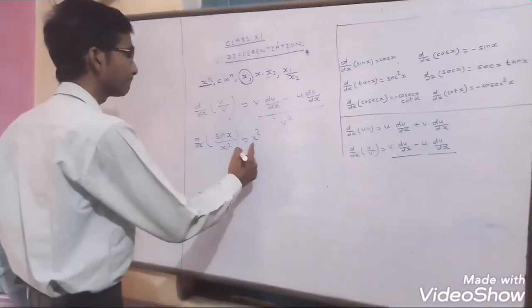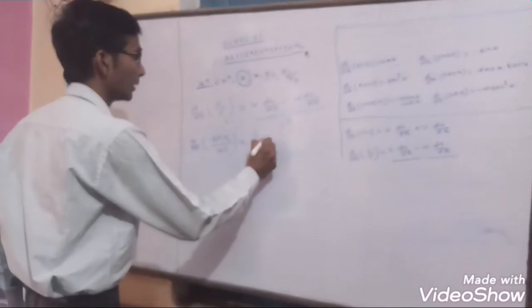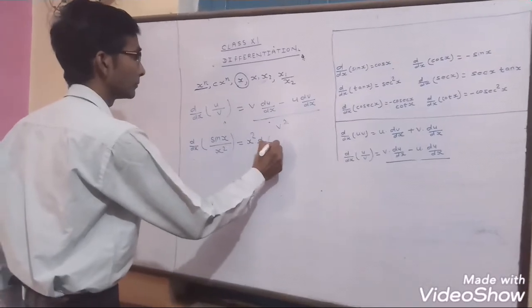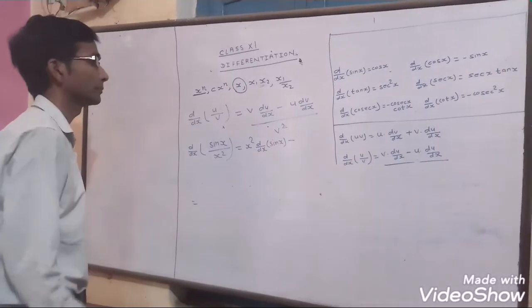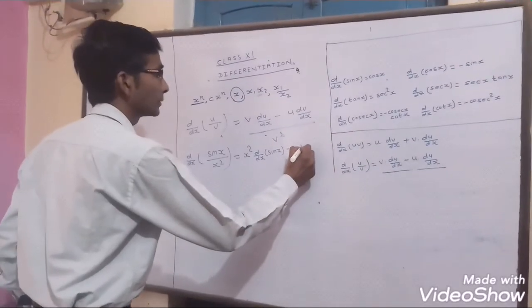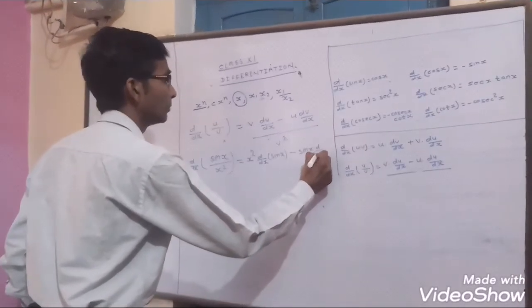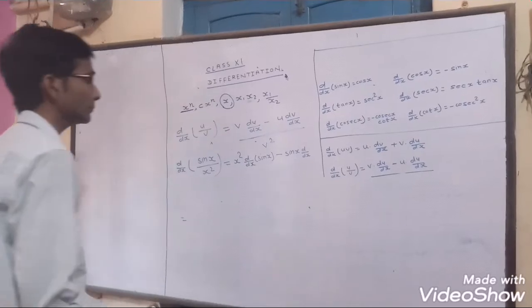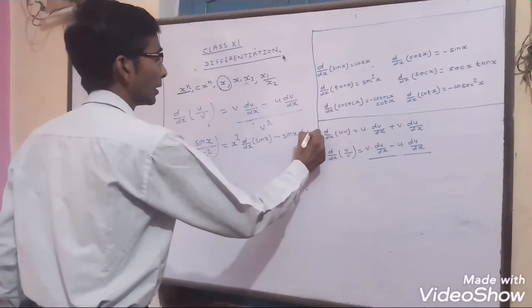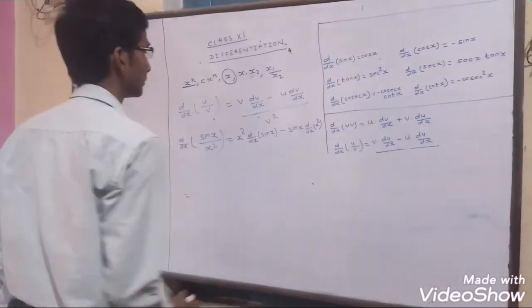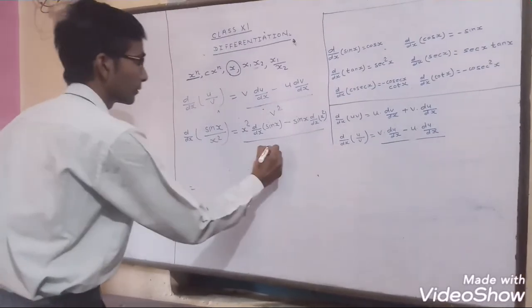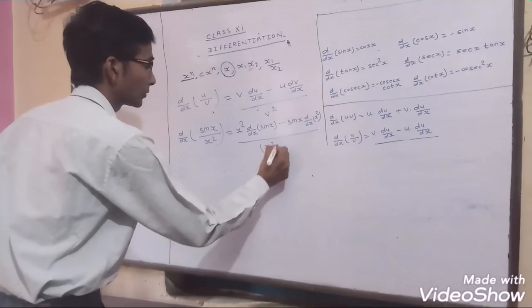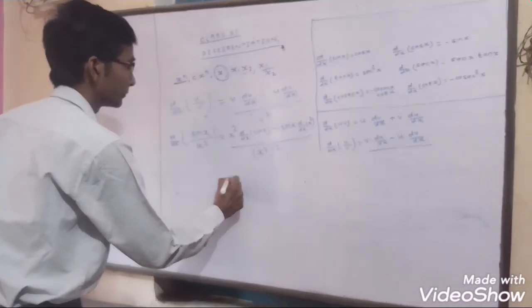X square d by dx sin x minus sin x d by dx x square and v square, x square.